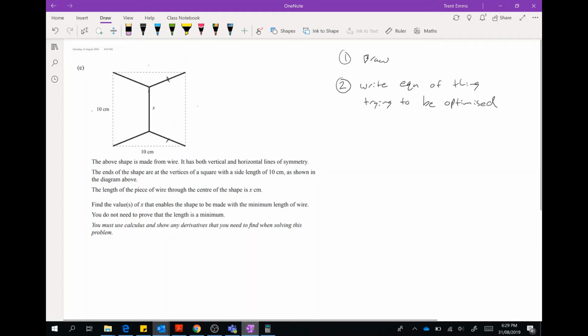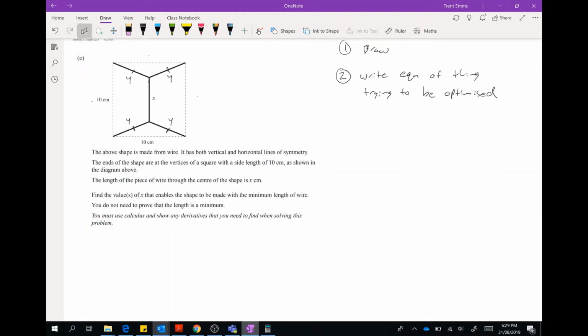Let's call this y because we don't know what it is, and that makes all of these y because they're all the same length due to the symmetry of the shape. So we want all this black wire to be optimized, and the length of the wire is equal to 1x plus 4 y's altogether. So that's step 1 and 2 done.